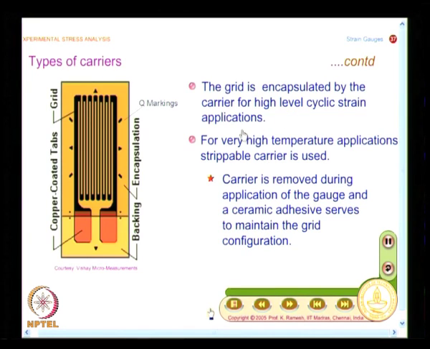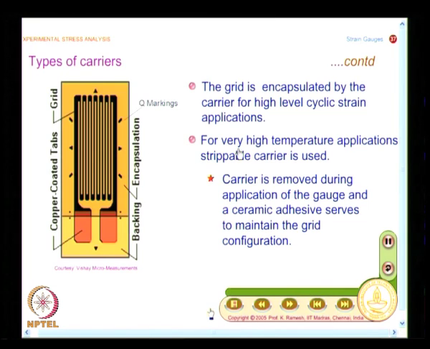When I have fatigue repeated loading, it gives more firmness to the metal foil because it is very thin, and it is going to be expensive, and you will also have to worry about heat dissipation, because you are enclosing it by a film, you are preventing natural convection from taking place very easily. That is why I said in strain gauge instrumentation, keep looking at how you handle thermal effects. So, when I go for encapsulation, I must make special provision for dissipating the heat also. So, you use this for high level cyclic strain application, ensuring that undue thermal strains are not developed.